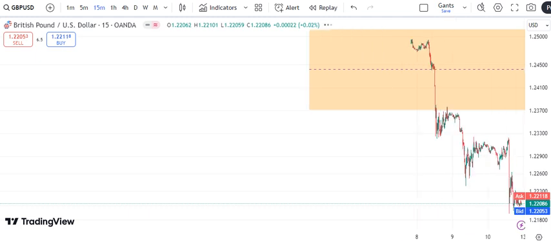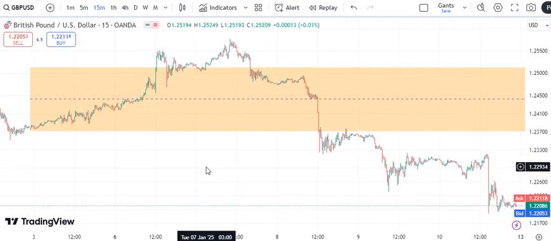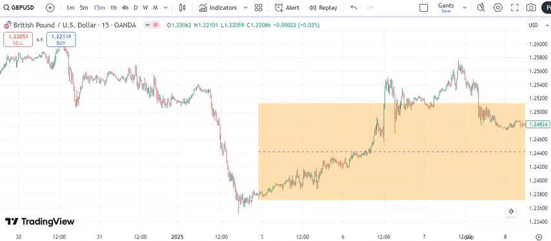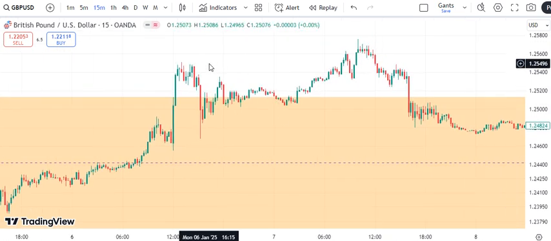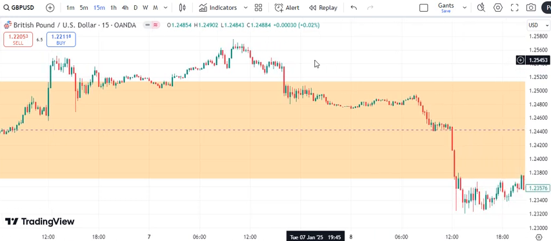Hold on a bit. All right, so this was Monday, equal highs. It rallied up Tuesday during London session kill zone, broke structure here, traded back into FVG, and this was a sell setup from here downward.